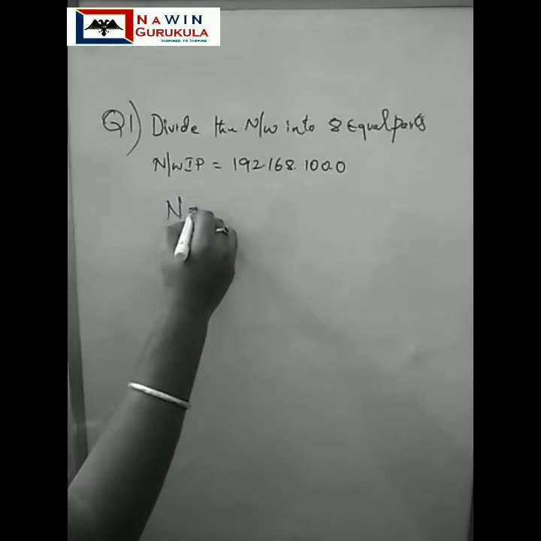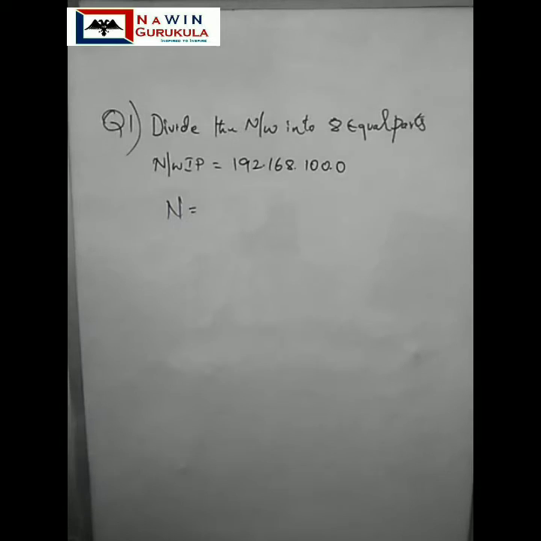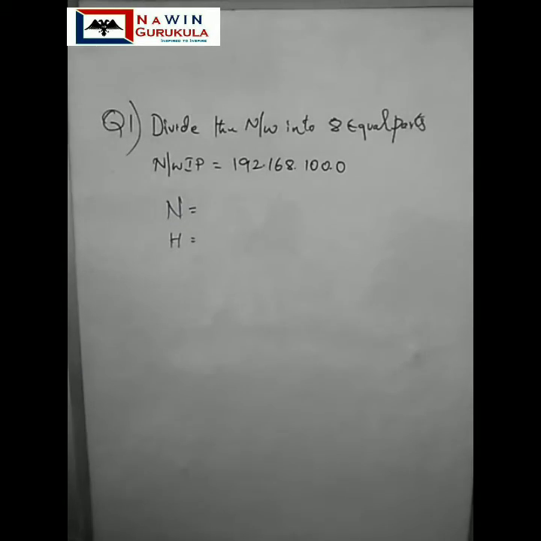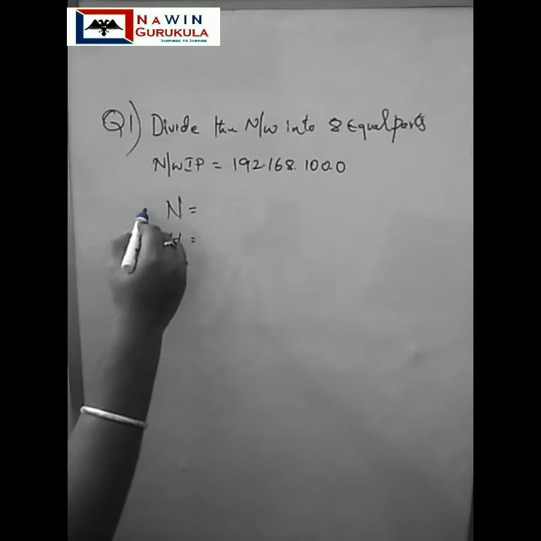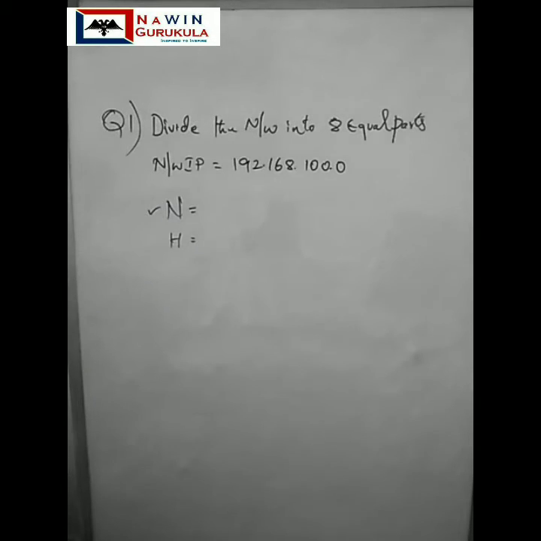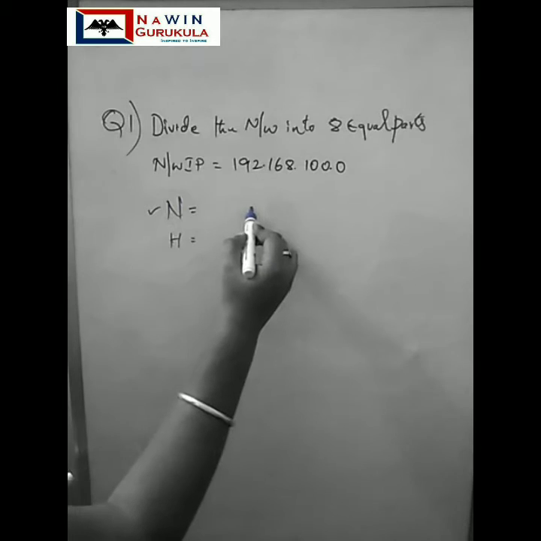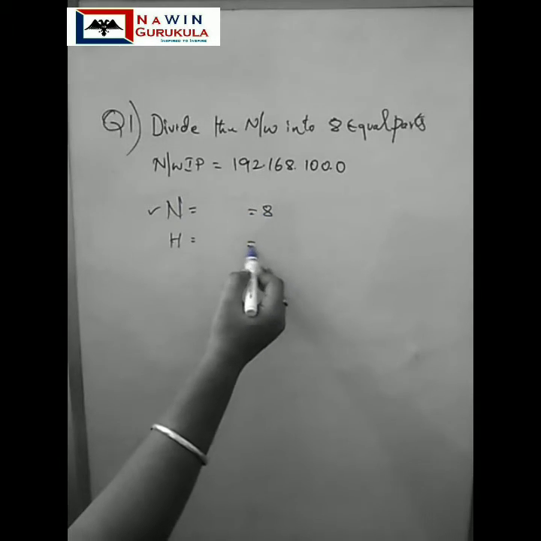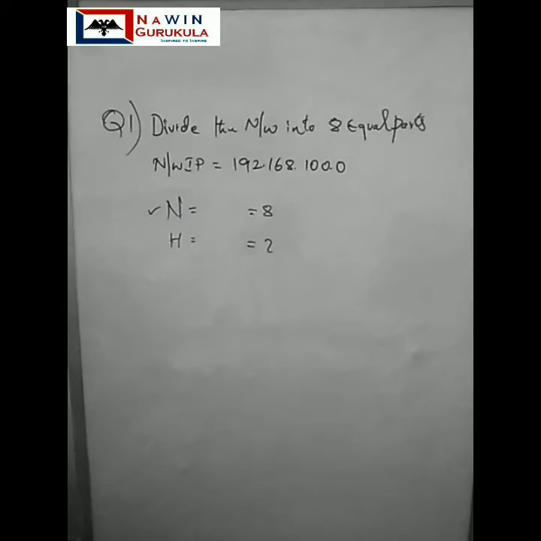So that means the n value I have to consider, similarly the h value I have to consider. So the total number of networks which I need is 8, and the number of hosts we will calculate from this part.